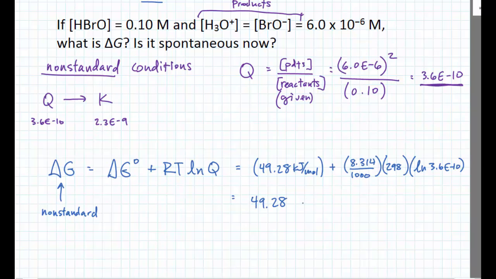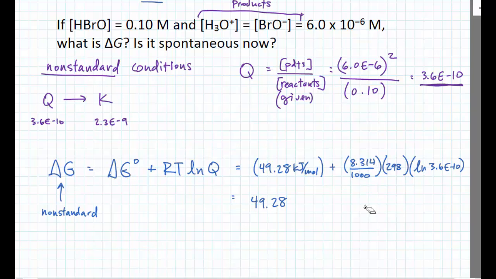49.28. Just to get your signs right, I really like just writing this number down, doing everything in here, and writing that number down, just so you don't get screwed up with signs. Checking my numbers here.